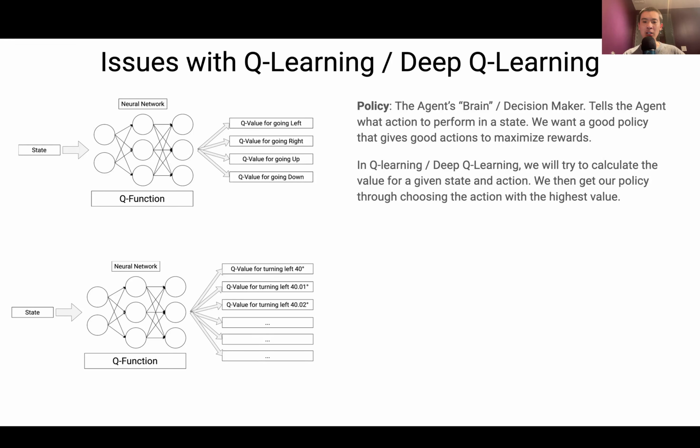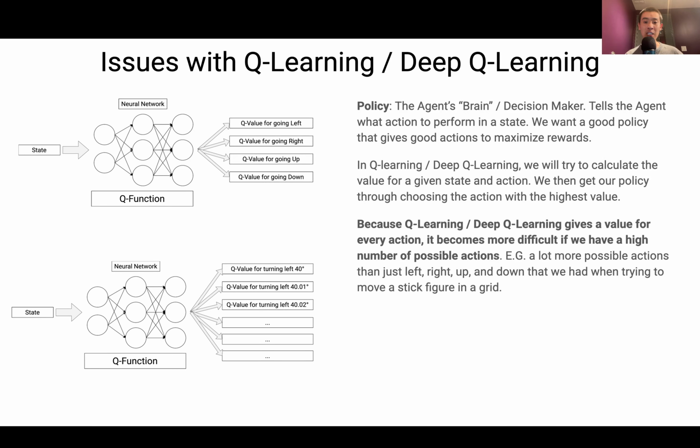We then get our policy by choosing the action with the highest value. But because Q learning/deep Q learning gives a value for every action, it becomes more difficult if we have a high number of possible actions, e.g., a lot more possible actions than just left, right, up, and down that we had when trying to move a stick figure in a grid.